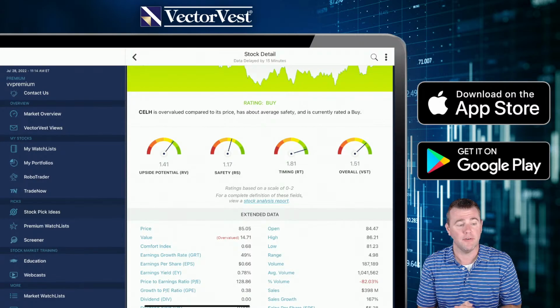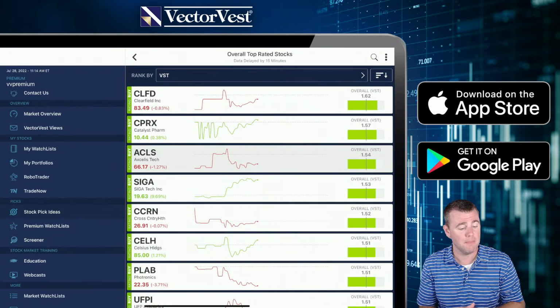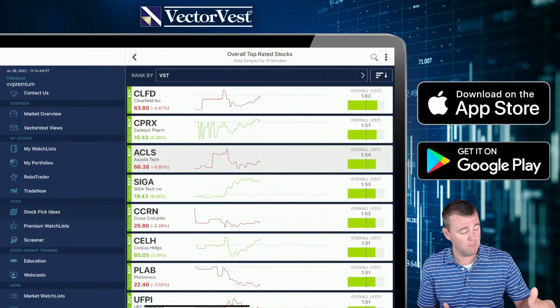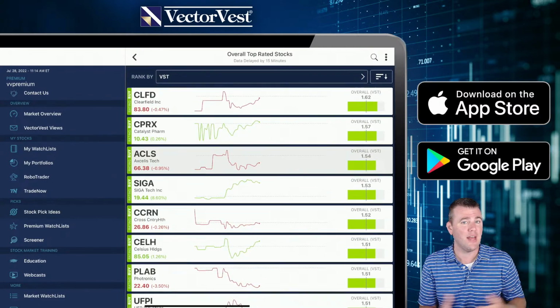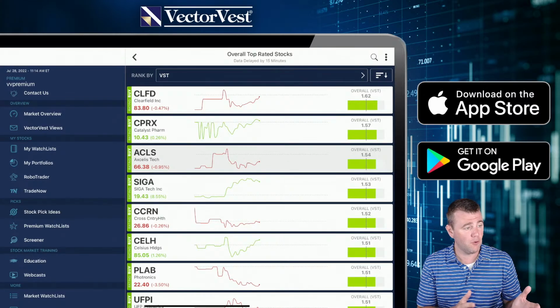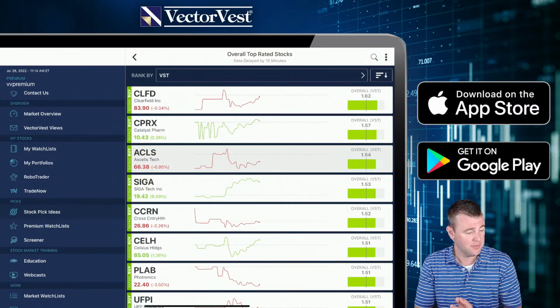Same applies here. Just because a stock is at the very top doesn't mean that's the best stock for you. That's the best stock based off the analysis, but we're looking at the top 30 of almost 9,000 stocks. So these are all going to be great candidates to keep an eye on. So therefore, buy what suits you. I'll leave it at that.